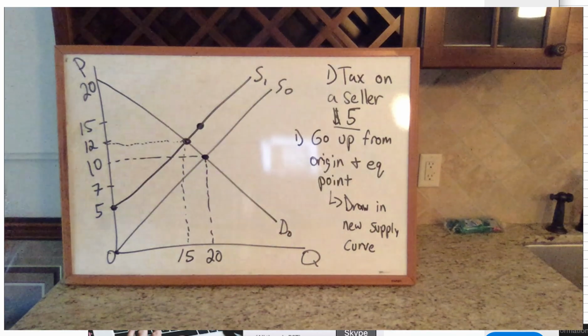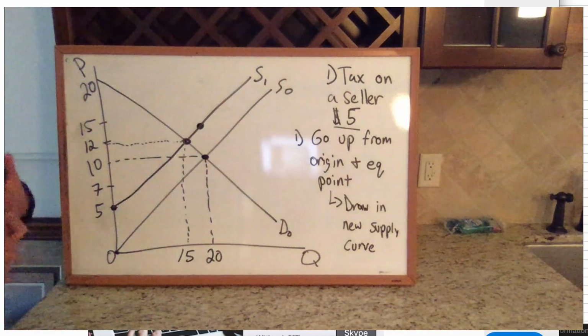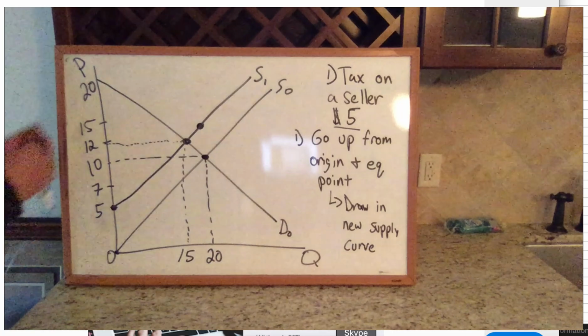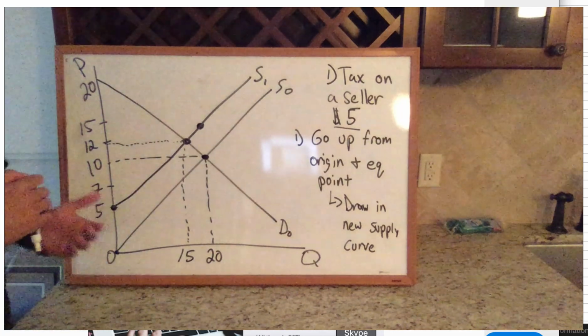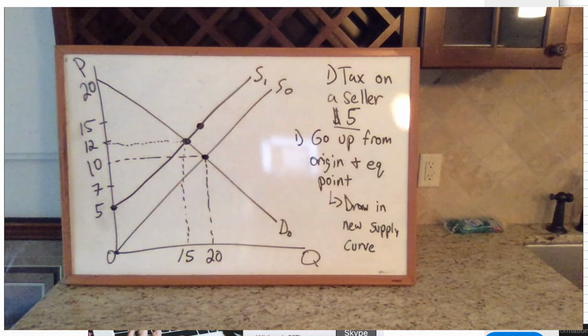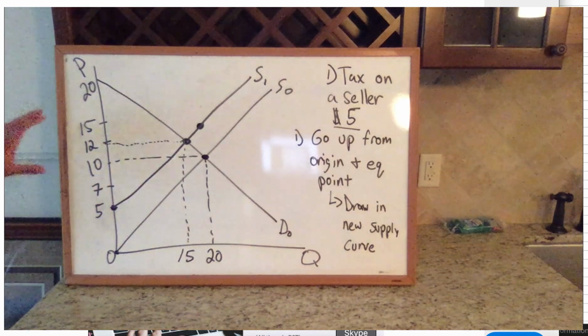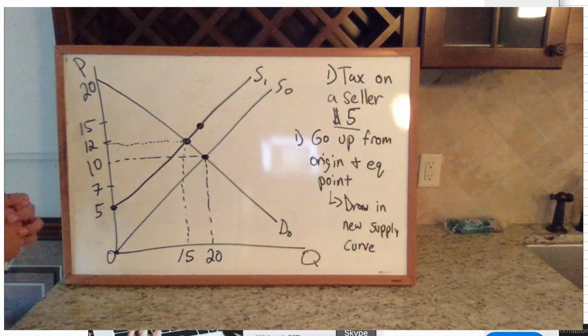So from here, you should start visualizing what's happening to consumer surplus, producer surplus, tax revenue, and deadweight loss. So from here, we've set up our new equilibrium point, and now we can calculate how much each individual pays of this tax. We have 2 people, buyers and sellers. So with the information that I've given you so far, you should be able to calculate who pays how much of the tax.